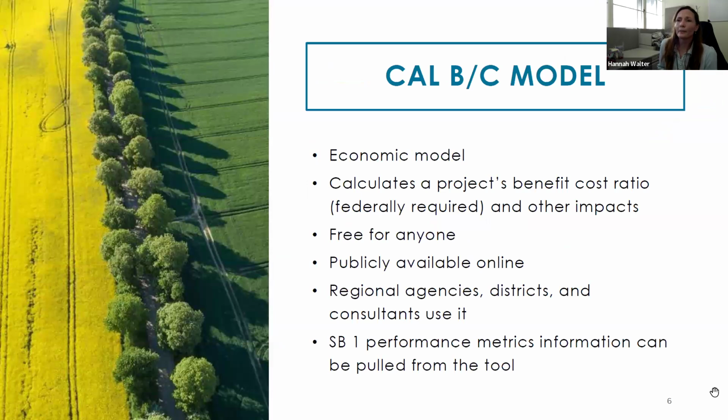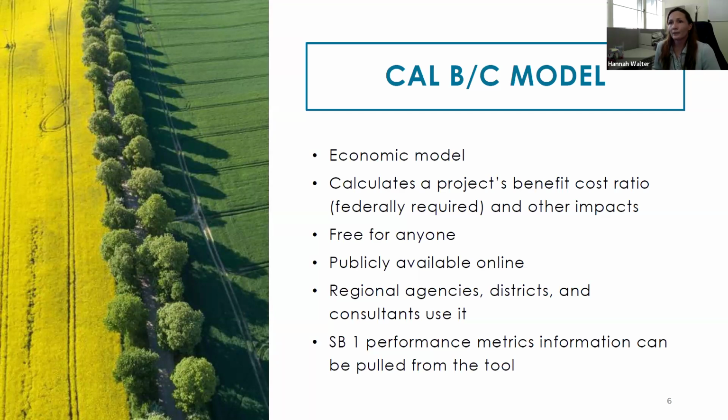And so a little bit more about the CalBC model. It's an economic analysis tool. It's an economic model. There's actually different versions. The sketch model is the easiest and most commonly used, but there's different versions of the CalBC model for different kinds of projects. There's one specific to freight, for example. It's designed to capture the benefit cost ratio.